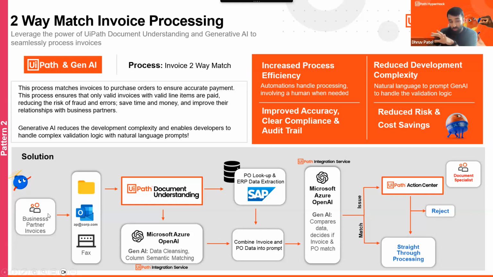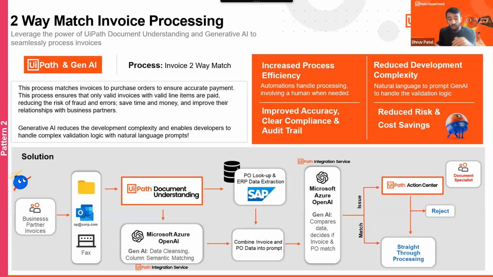So we follow this flow. An invoice comes in, could be through email or a shared file, and document understanding, a specialized model we've trained on that document, does the extraction. Then the first thing we want to do is some cleansing: match the columns from the document to the columns we have in SAP, so that the comparison downstream is more consistent.